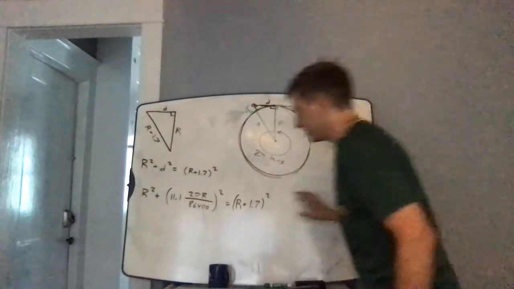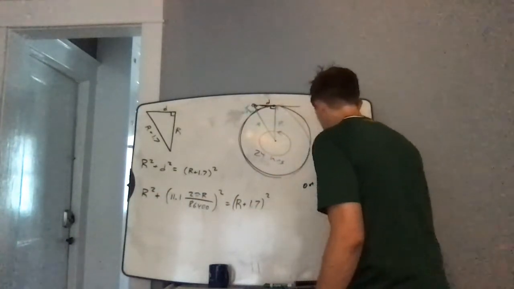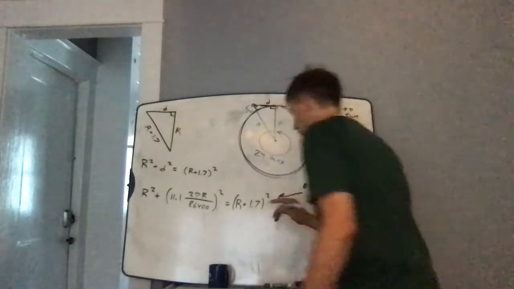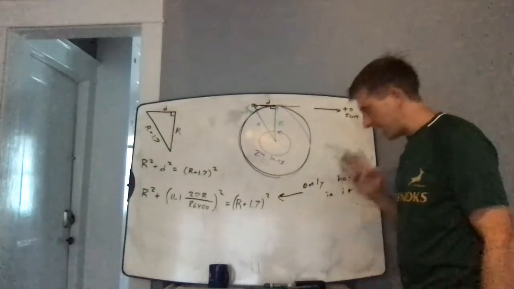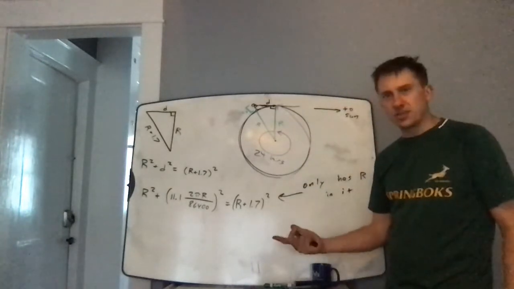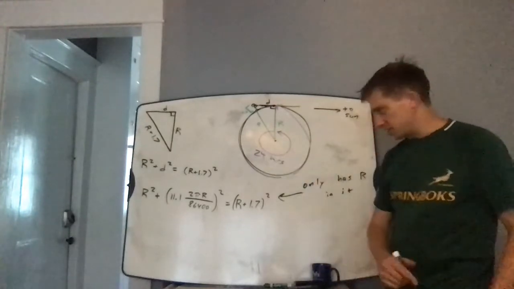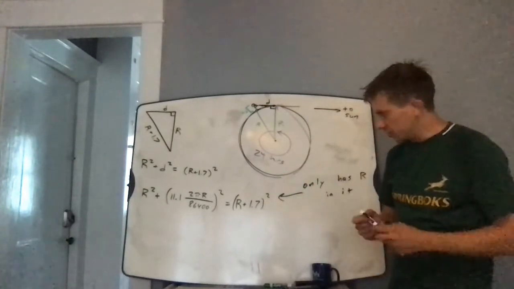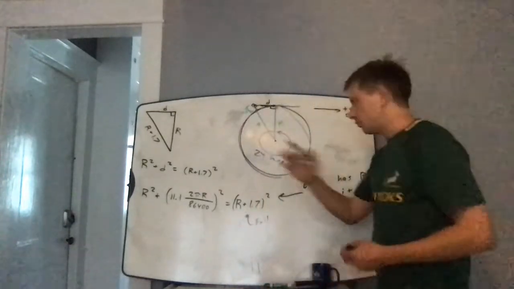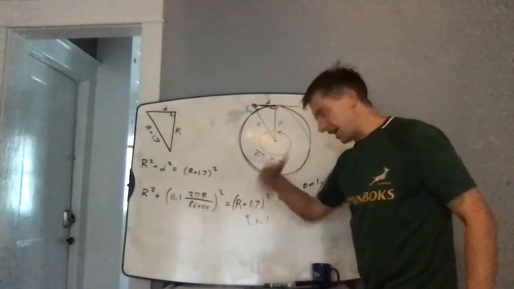Now notice, this entire equation, I have a whole lot of numbers, but this only has r in it. So this equation only has the radius of the Earth, and at this point we have enough information to solve it. So at this point, I am going to stop doing this problem. Leave lines in your notebook to finish this problem. 2 hints I'm going to give you. This number you will need to FOIL. In my opinion, just find whatever decimal number this is going to be. I don't know what it's going to be.